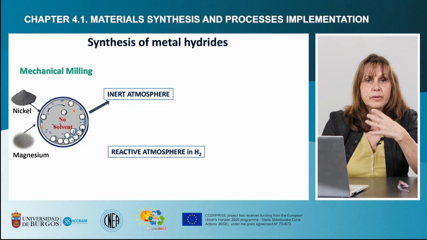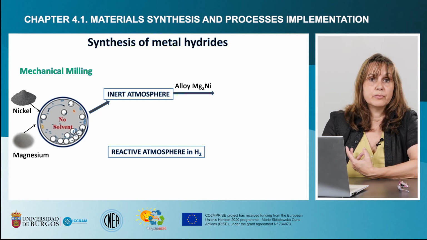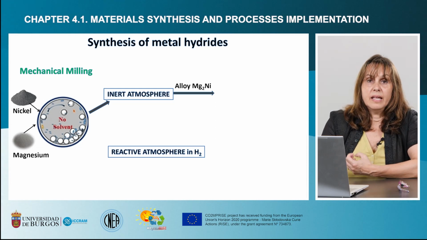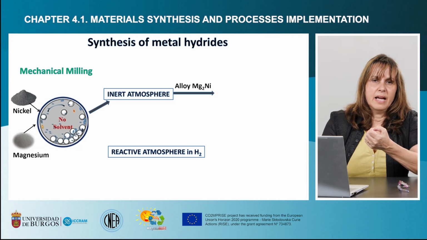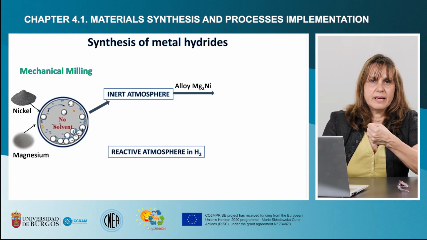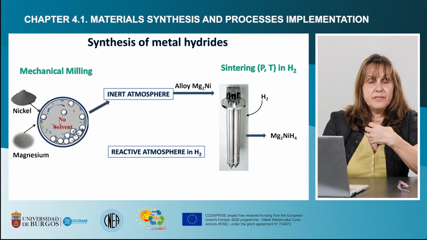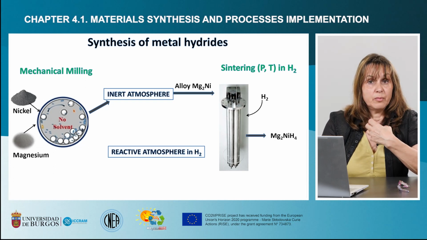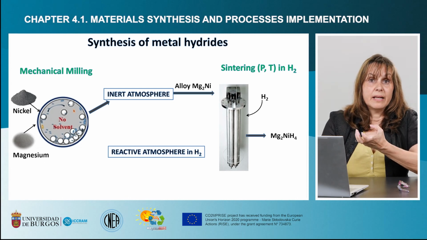By the movement of the balls, which impact and friction with the material, it is possible to obtain, for example, magnesium-nickel intermetallic, and after this, the powder, very activated with defects in the surface and with a small nanometric crystallite size, is put inside the reactor at a specific temperature and pressure condition under hydrogen atmosphere. Finally, it's possible to obtain the metal hydride.